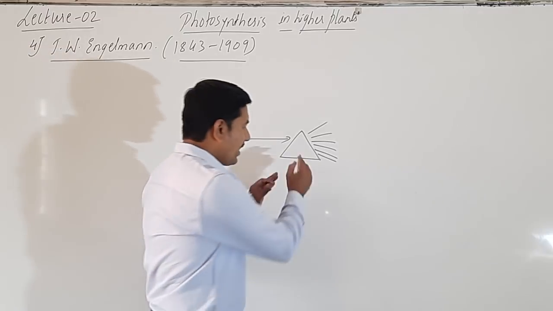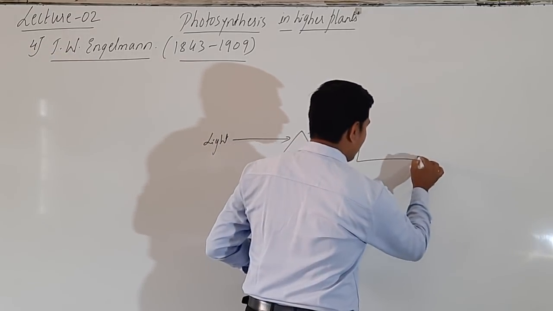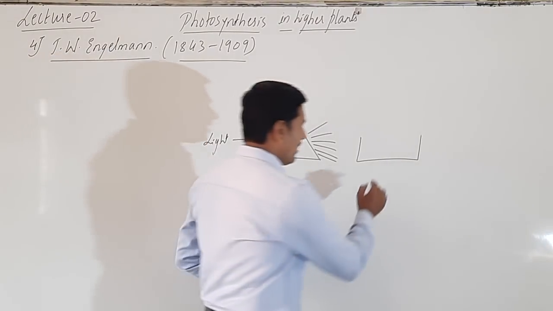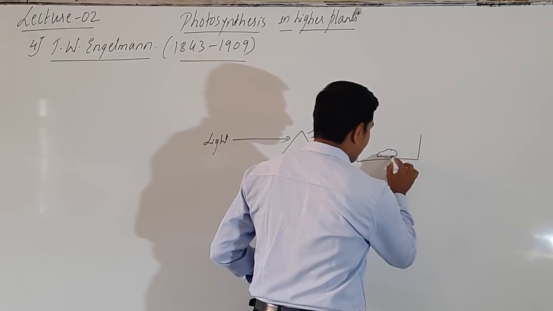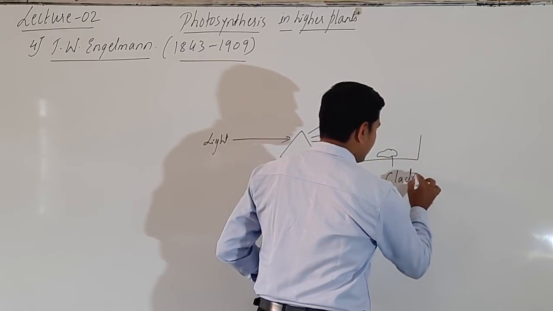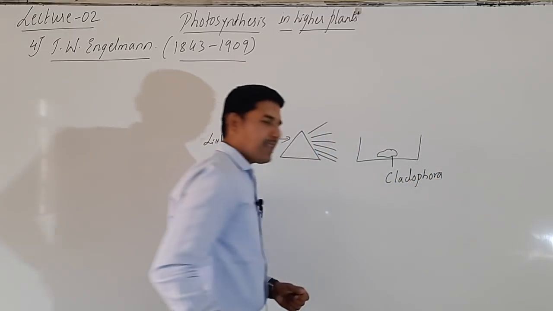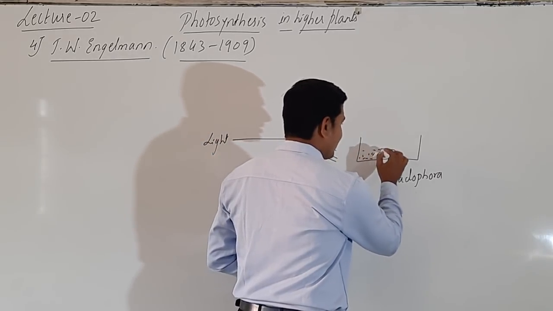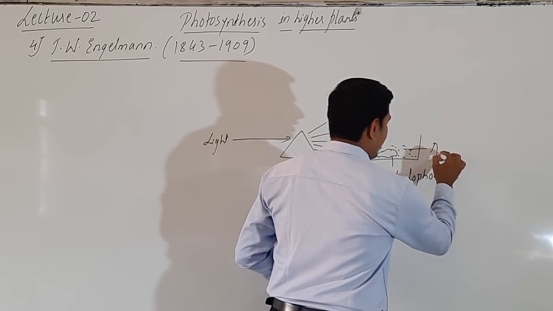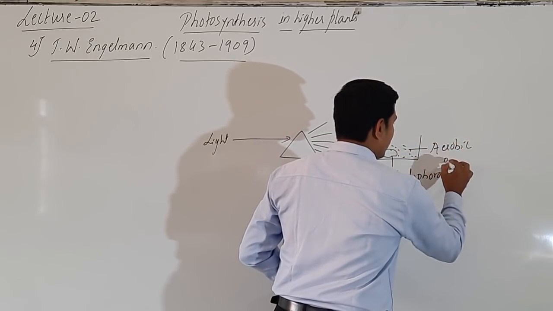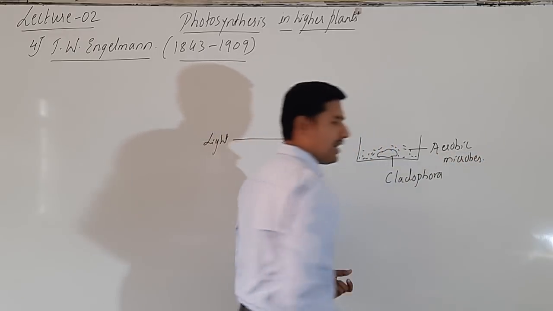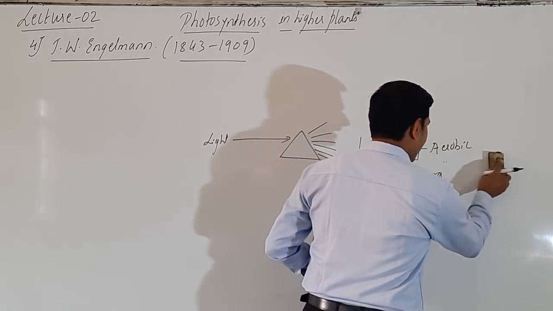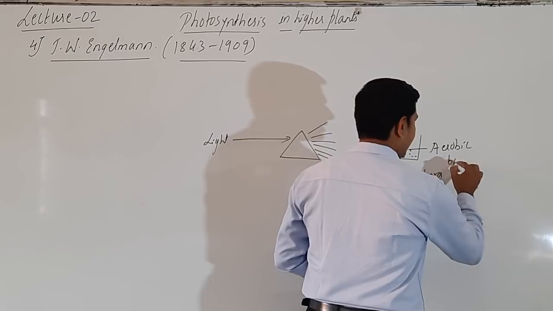After splitting, he placed a glass plate, and on it he placed an alga called Cladophora. The suspension consisted of aerobic microbes. Mainly he took aerobic bacteria, so let us call it a bacteria suspension.